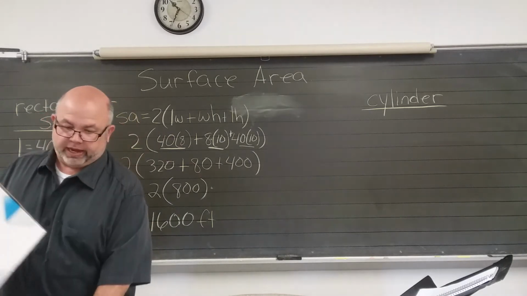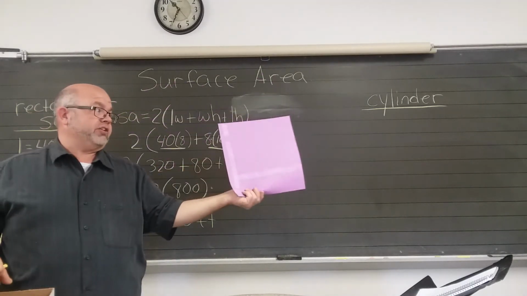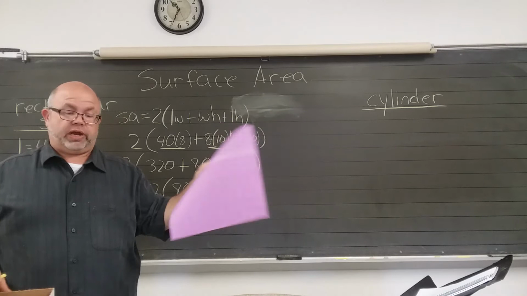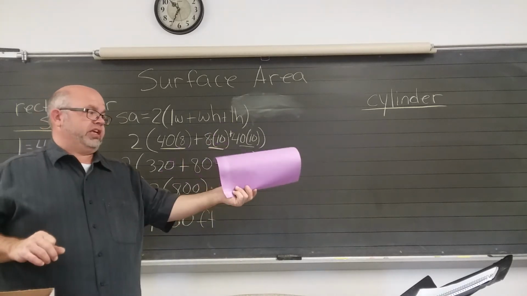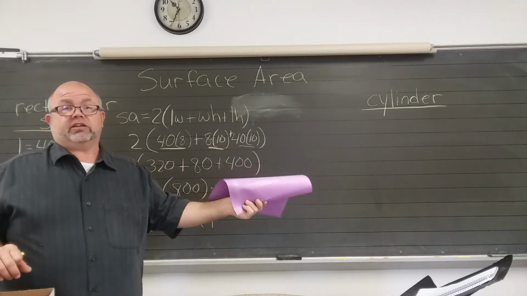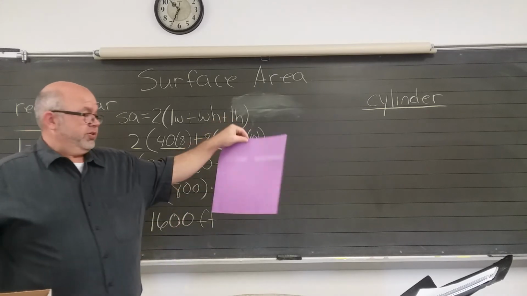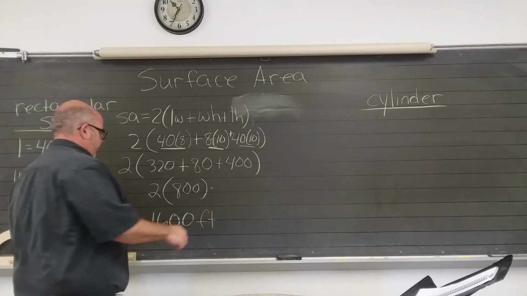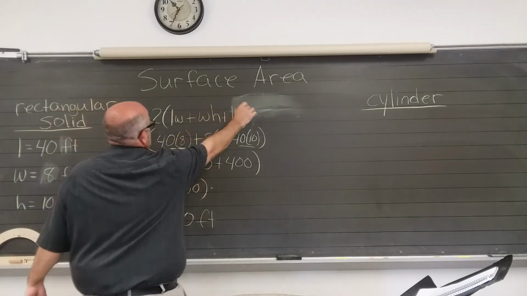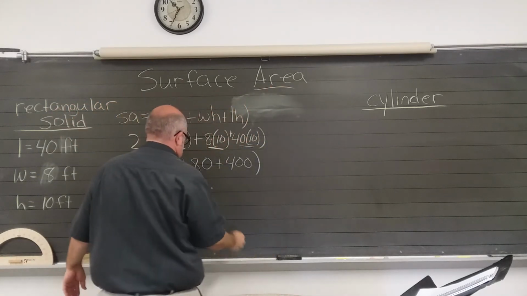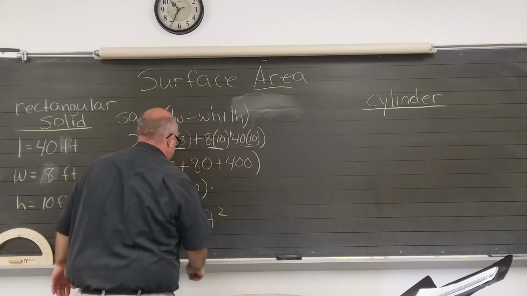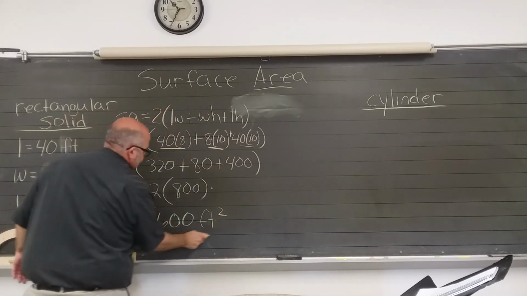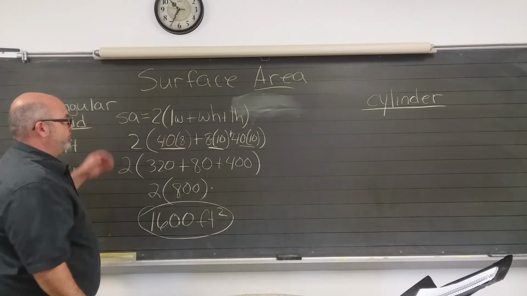And we are talking about area, so it's a square, feet square. 1600 of these would cover that container. 1600 of the feet squared. So make sure if it's area, even if it's surface area, this is your key, area means squared. So that's 1600 feet squared.